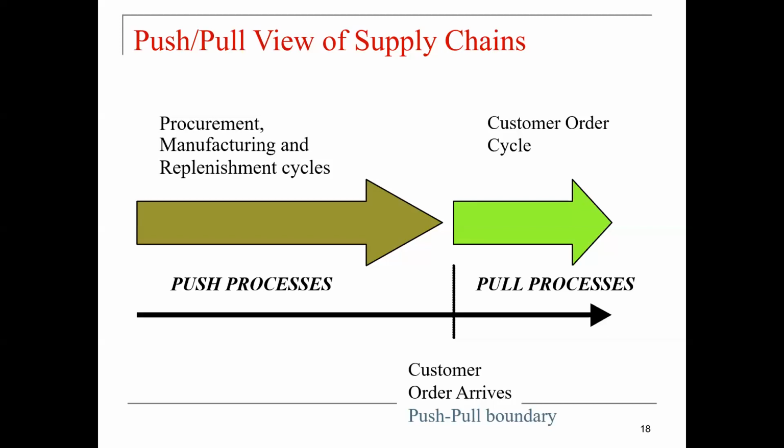They are not going to produce anything unless there's an action from the system. And so there's a boundary between the two: the customer order cycle and the production, procurement, manufacturing, and replenishment cycles. That's where the customer order arrives, and that's the push-pull boundary.